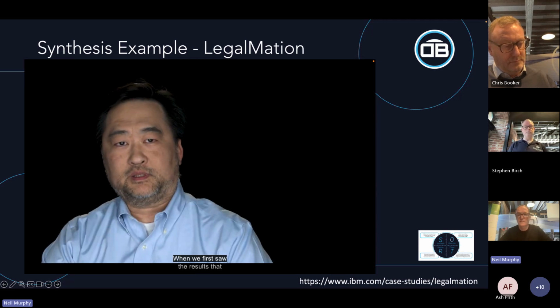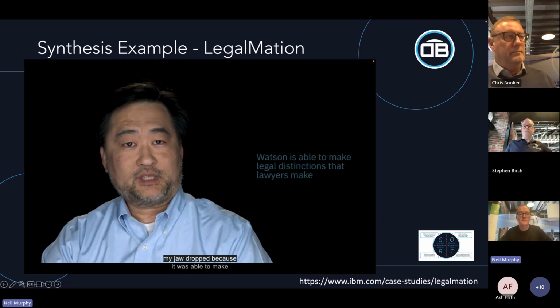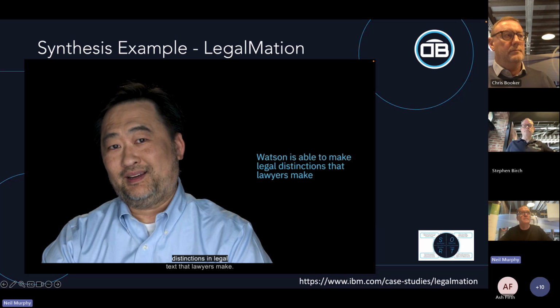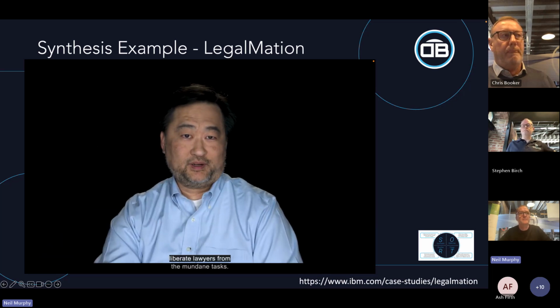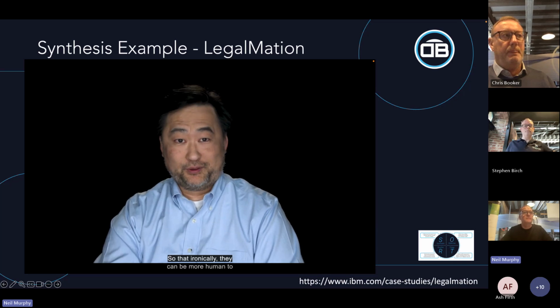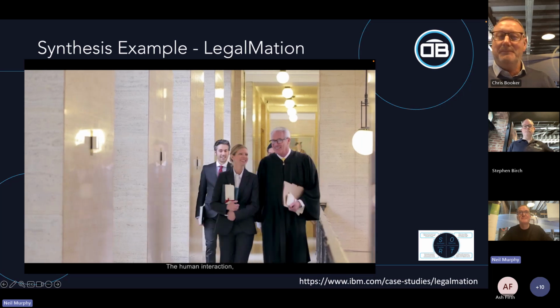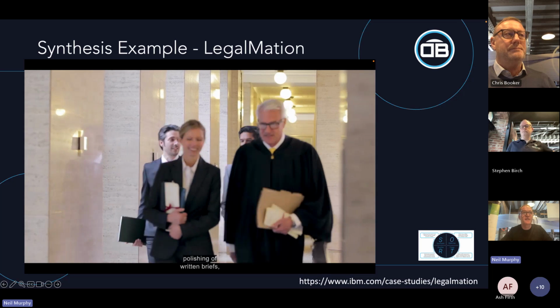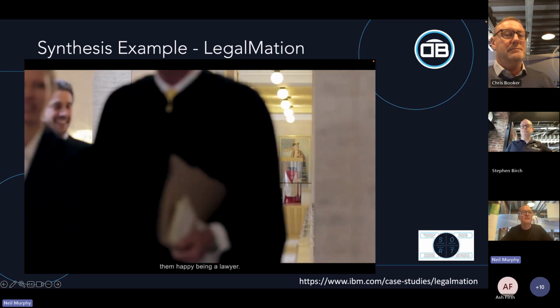When we first saw the results that Watson was producing, my jaw dropped because it was able to make distinctions in legal text that lawyers make. So what we're trying to do is liberate lawyers from the mundane tasks so that, ironically, they can be more human, to work on the type of stuff that they really wanted to do as lawyers: the human interaction, the interviewing, the investigations, polishing of written briefs, the research, the things that make them happy being a lawyer.